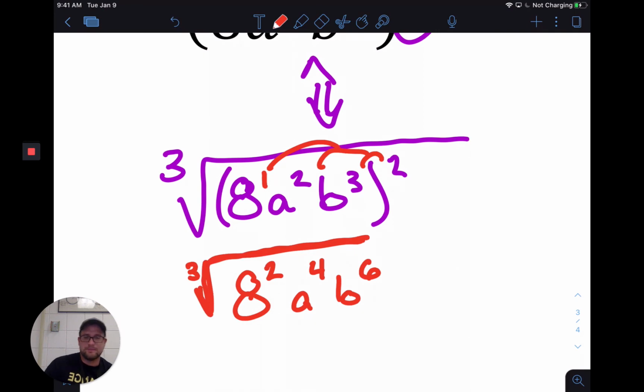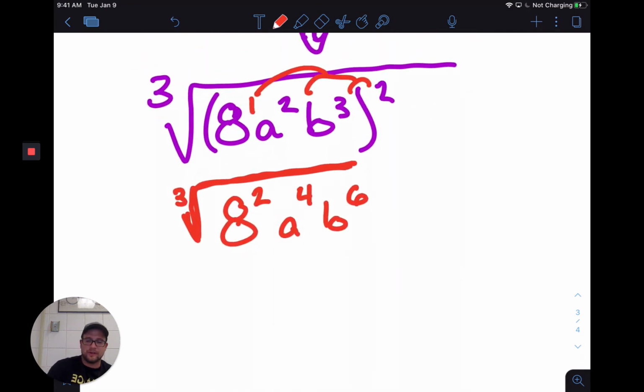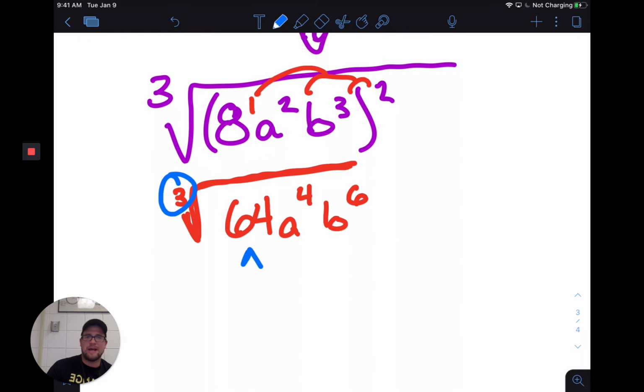Now, in order to simplify this radical, we could go a little bit further. 8 to the second is, of course, going to become 64. Now, to simplify this, we are looking at a cubed root. While we haven't done a lot of simplifying with these, this is still something that should be coming back from Algebra 2.